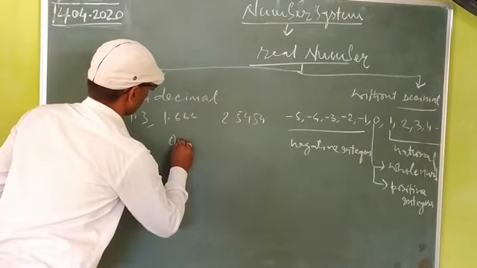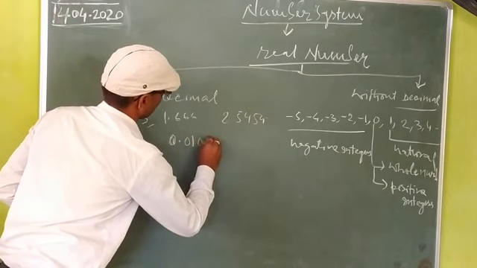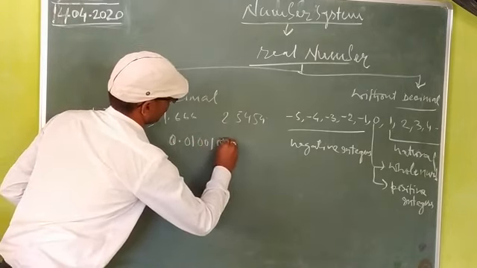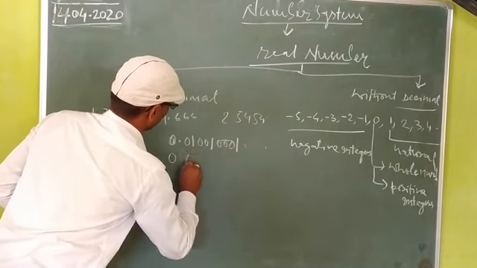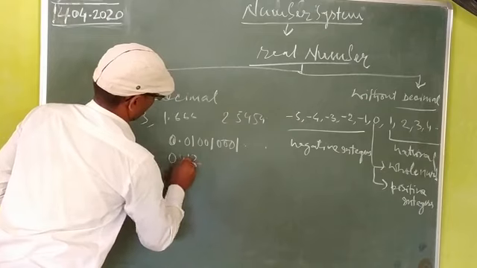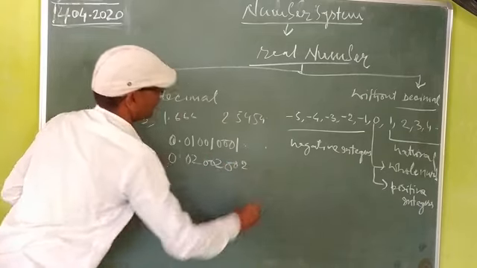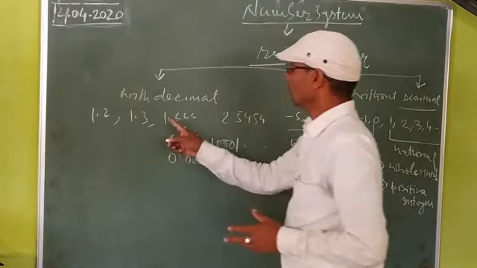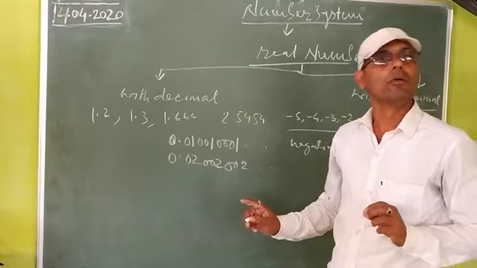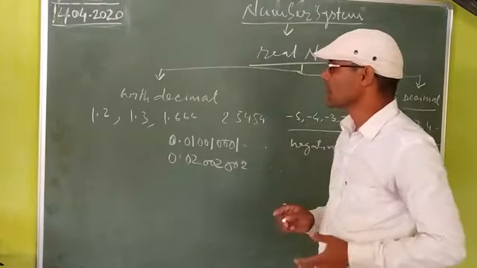We can write here 0.01, 0.01, dot dot dot. Take one more, 0.02. This time, here we are looking at three types of decimal expansion, decimal numbers.